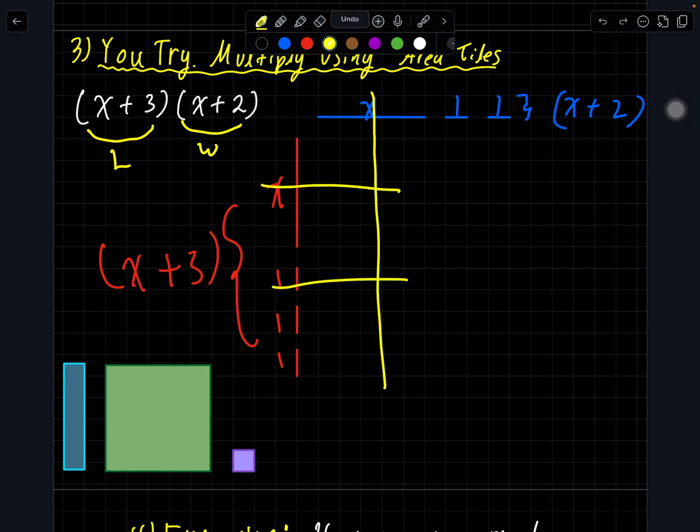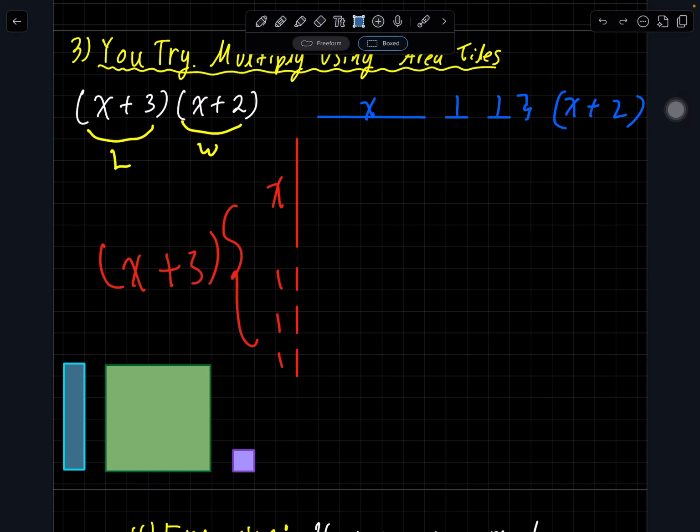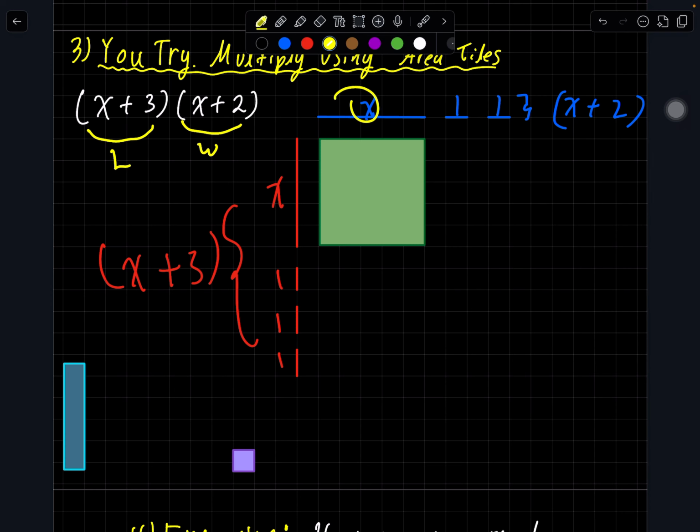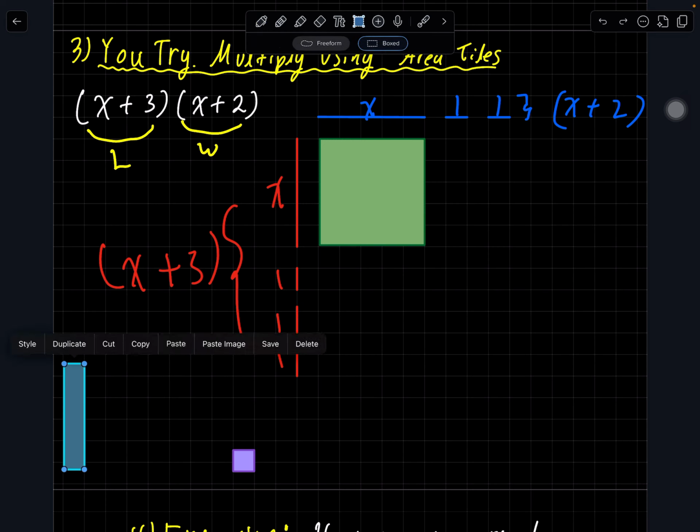So first things first, we see that we have x times x, which will be an area of the green square, x squared. Next we have x times 1, which means we have an area of 1 times x, which is just a single bar of x.